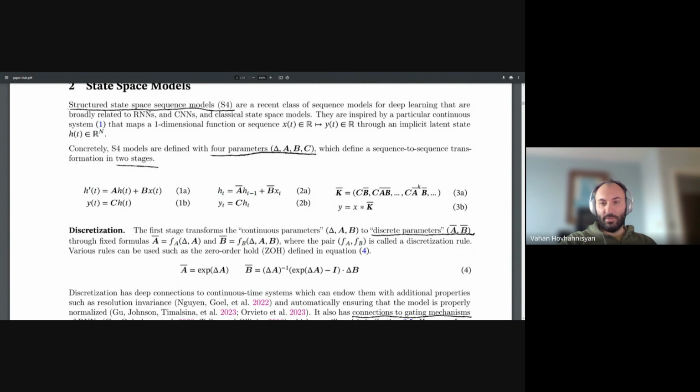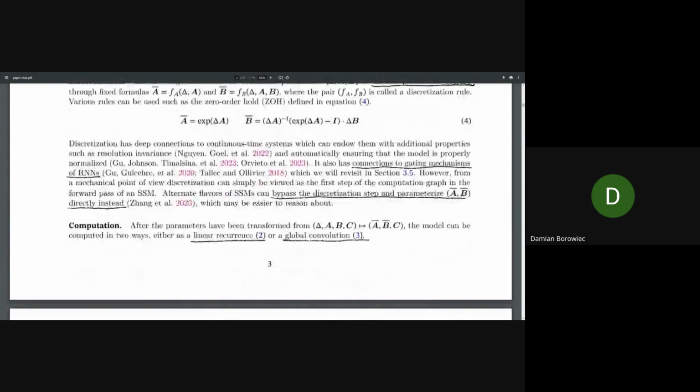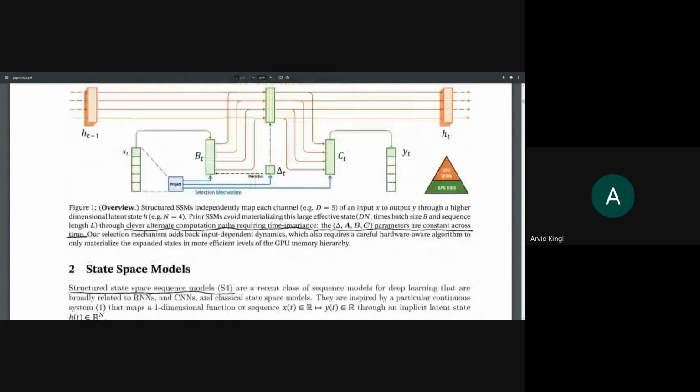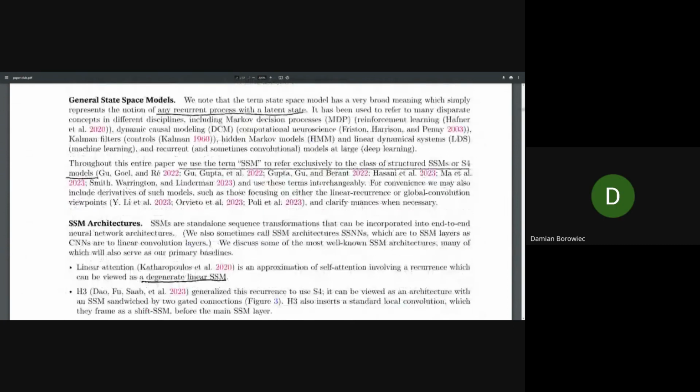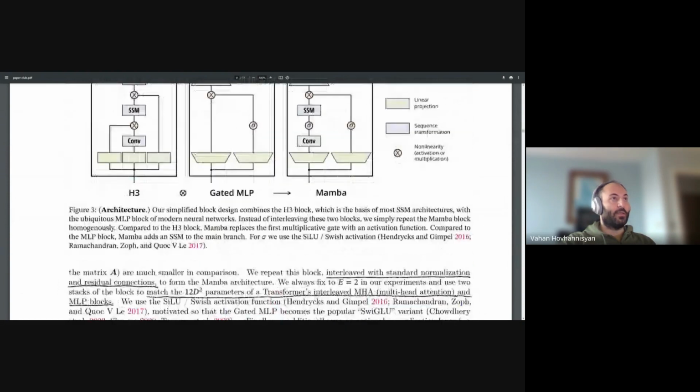Yes, Damien? I was just going to say that the state space model can be treated as one of the layers in a larger architecture, so you can still insert non-linearity like activation functions somewhere else. But this is the building block of a larger architecture. Very good point. We can actually scroll down to look at that.